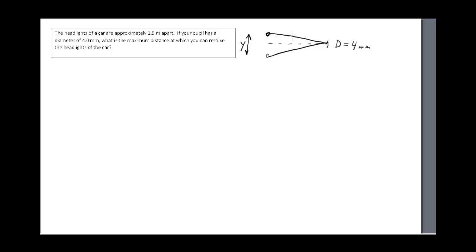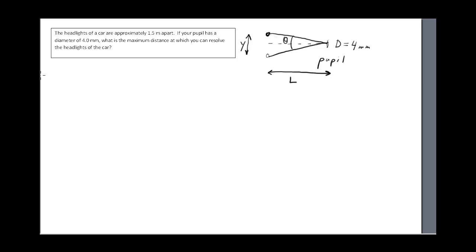So the actual angle of separation between the two objects relative to where you are as the observer, as the pupil, right here, is theta. That's the entire angle of separation between the headlights. And one other thing, we should put in here the quantity that we're actually trying to find, which is the maximum distance, L, at which you can be away from the headlights and still resolve them as separate sources.